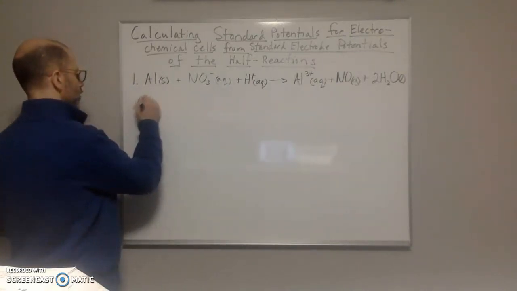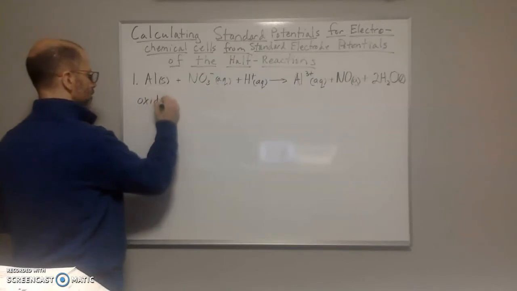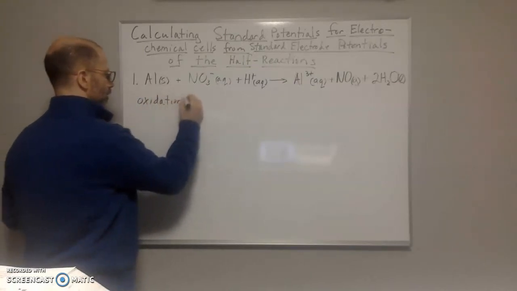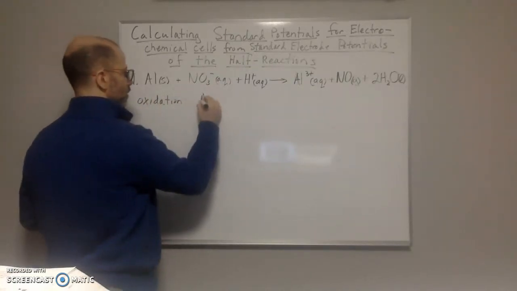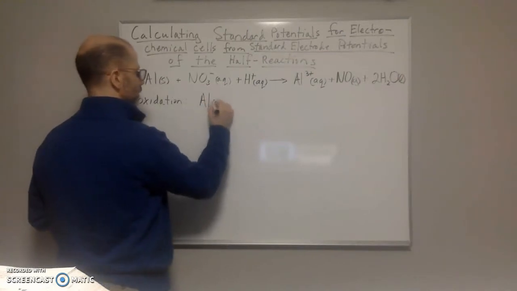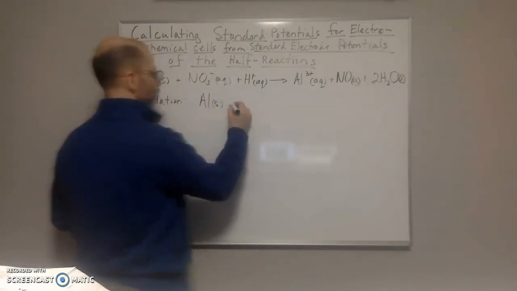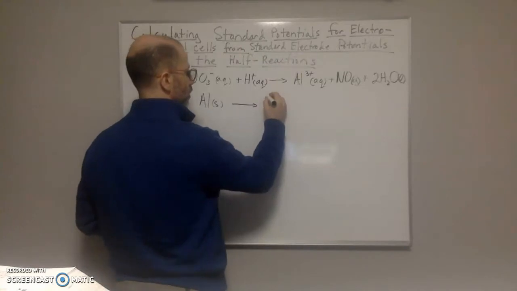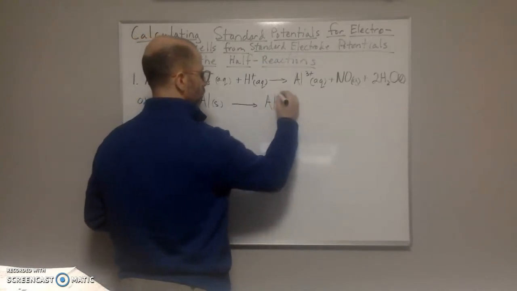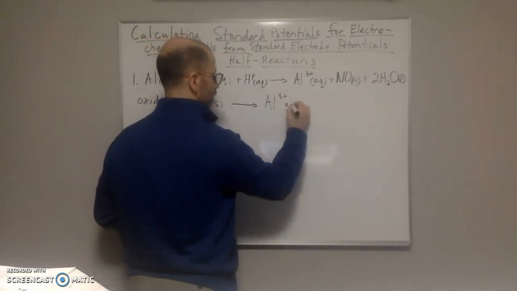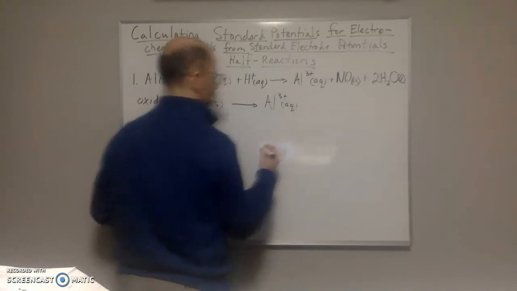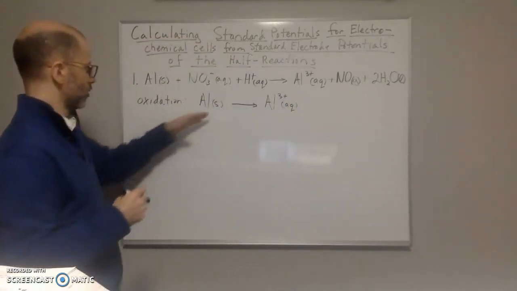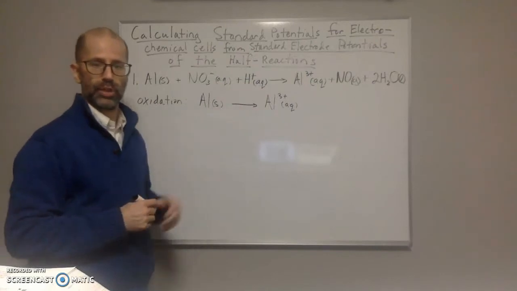So the oxidation is going to be aluminum solid going to aluminum 3+ aqueous. And then we need to balance out the equation, so we need to use electrons.